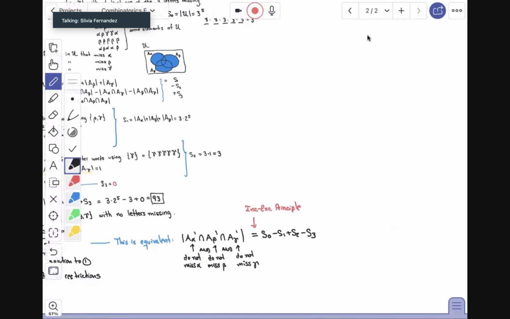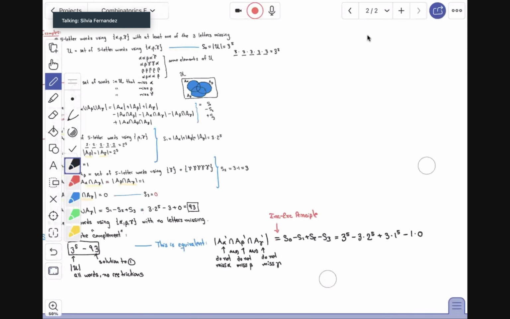In our case, it was 3 to the fifth minus, there are three terms in S1, each one of size 2 to the fifth. And then plus, there are three terms in S2, the double intersections of size 1 to the fifth, minus, there's one term of size 0. That's a triple intersection. Make sense?